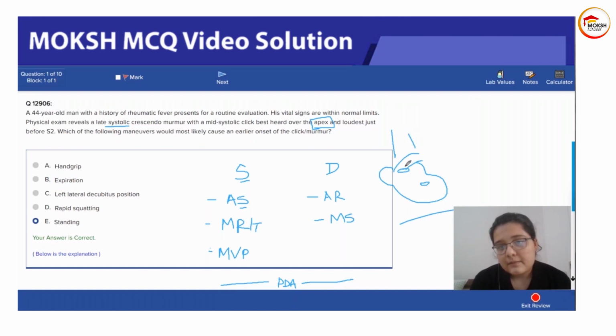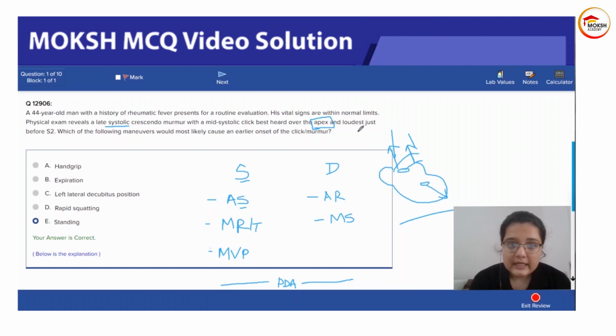Now, because this is closer to the neck, the murmur will be radiating to your carotid arteries. Your aortic stenosis murmur will radiate towards your carotid arteries, toward the base of your neck. While because the mitral valve is closer to the apex, you'll be hearing this murmur near the apex. So whenever you hear the word apex, just assume that we are talking about your mitral valve.